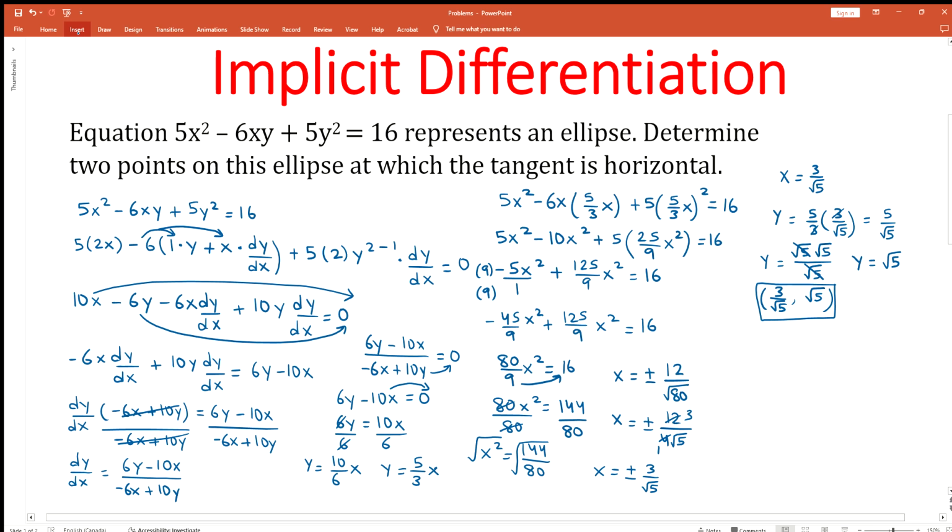Now we can find the second point using x equals negative 3 over square root 5. We can sub in this value of x in the equation y equals 5 over 3x. We can cancel out the 3's.